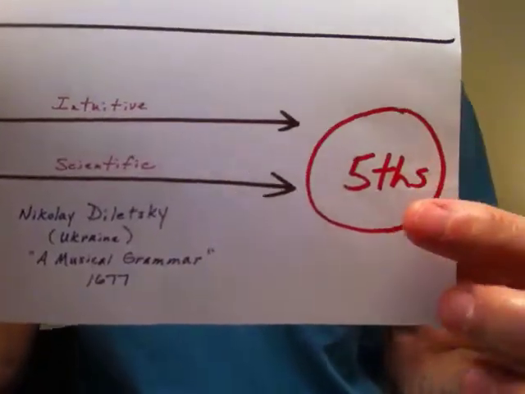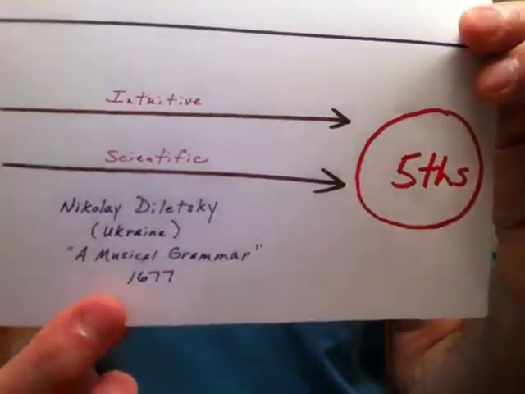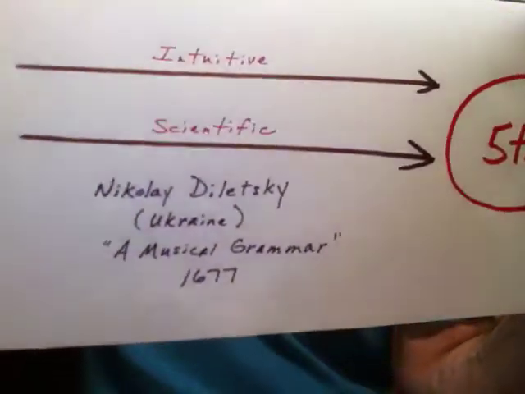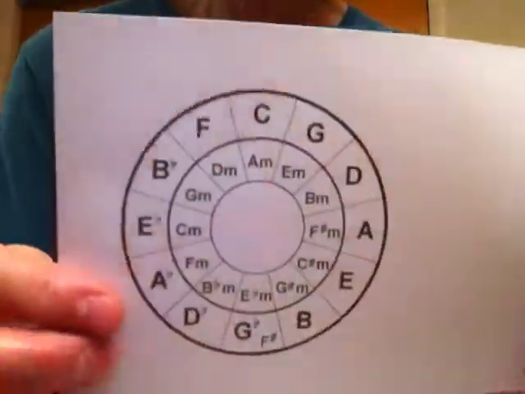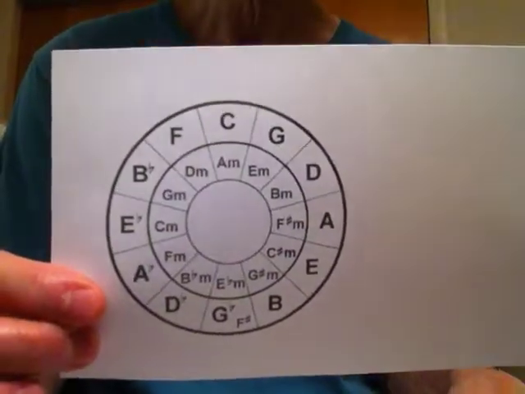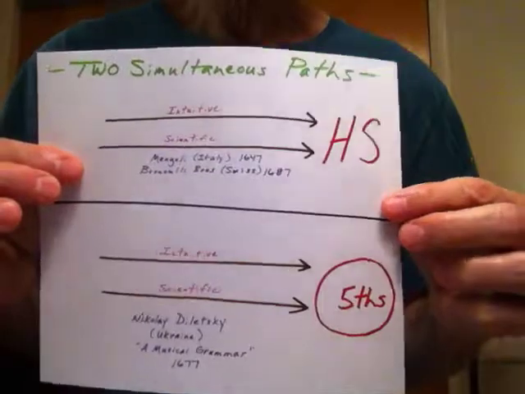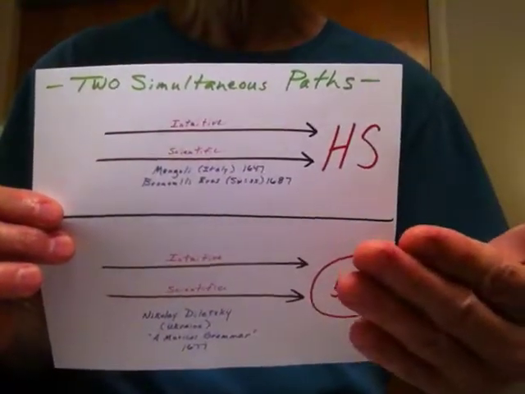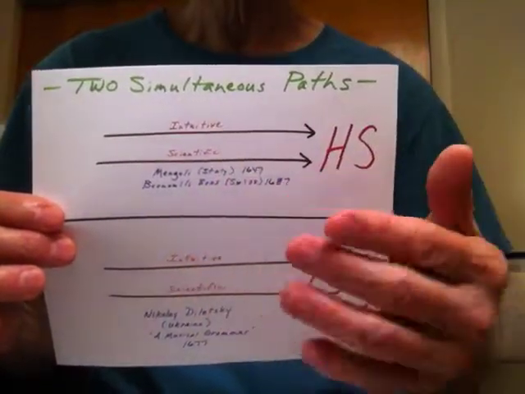And then the Circle of Fifths, this publication came out, and for the first time, this guy, this Ukrainian man, Nikolai, he showed a chart. Well, it wasn't like this, it was different, but he showed a Circle of Fifths for the first time. And so you see that these two systems, for me, just for me, have something in common. There's something going on here.